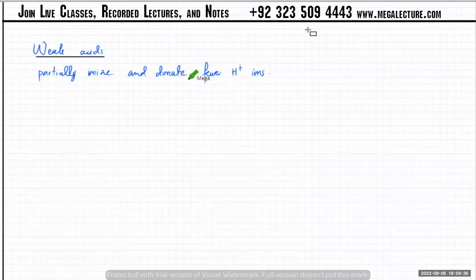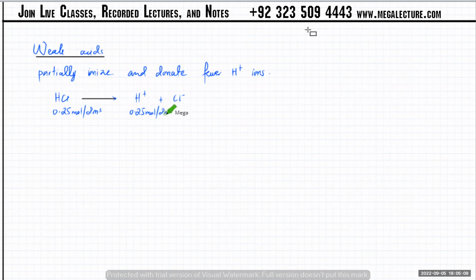Now, if you had HCl, HCl was a strong acid. HCl would fully ionize and produce H+ and Cl- ions. So there was no problem here, and calculating pH was pretty easy. If this is 0.25 mole per dm cube, then H+ would also be 0.25 mole per dm cube.